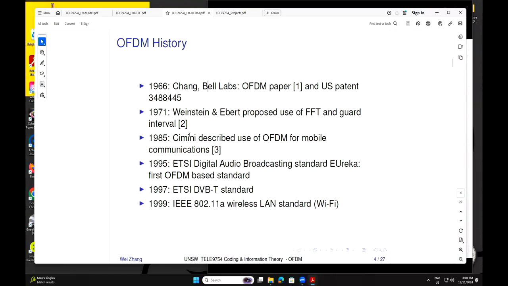And then in the 1990s, OFDM became so popular and widely used in many standards in Europe, and later in the IEEE, you may know 802.11, right? That is your Wi-Fi. We have different versions of Wi-Fi, 11a, 11b, 11n, 11p, and many other new versions so far.